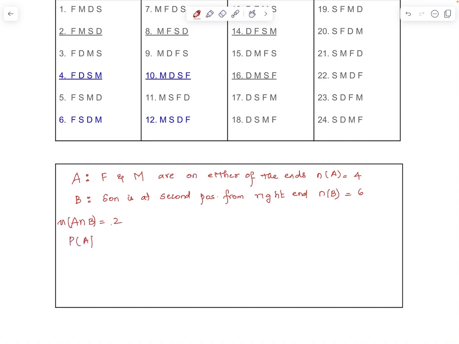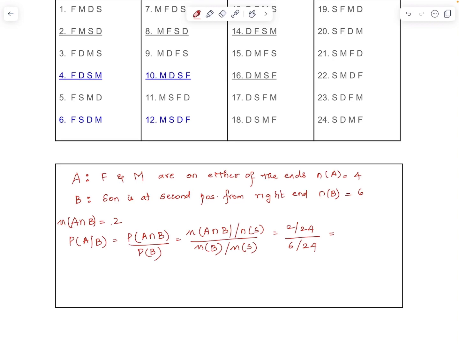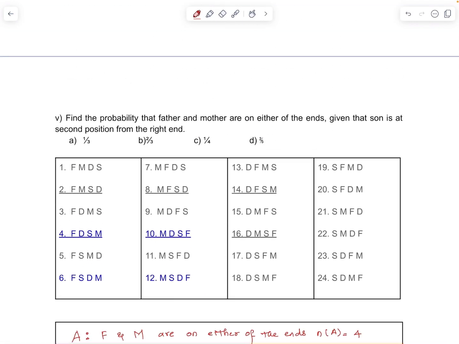P of A given B is P of A intersection B by P of B. That is N of A intersection B by N of S by N of B by N of S, which is 2 by 24 by 6 by 24, which is 1 by 3. So the answer is A.